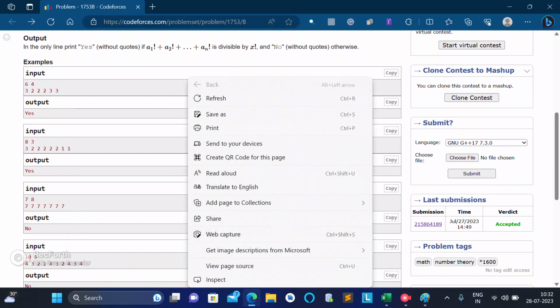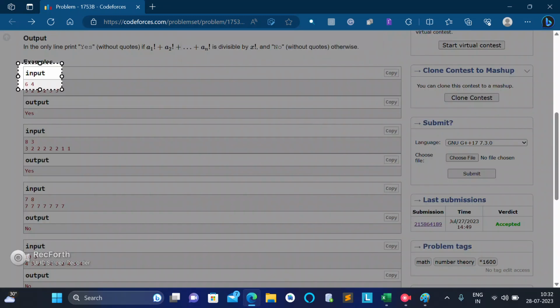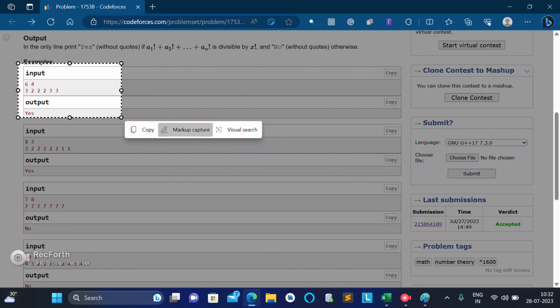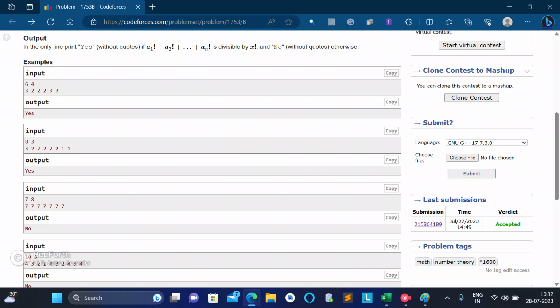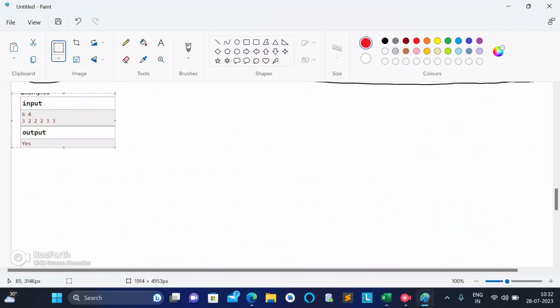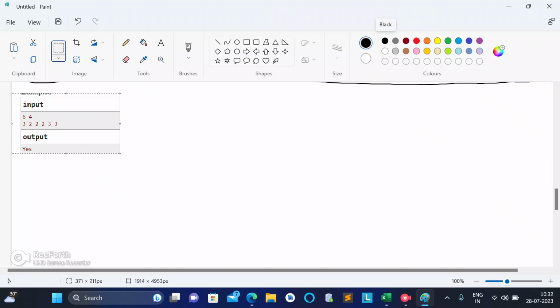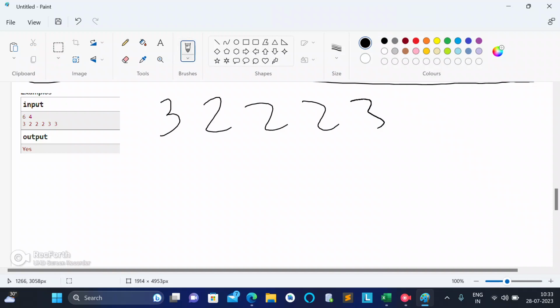In the first step, let's take this example. We are given 3 2 2 2 3 3.